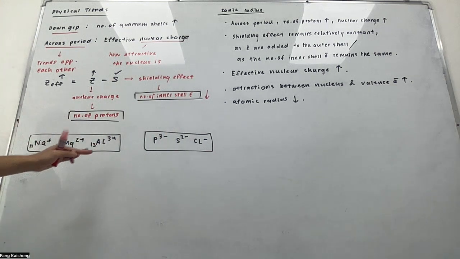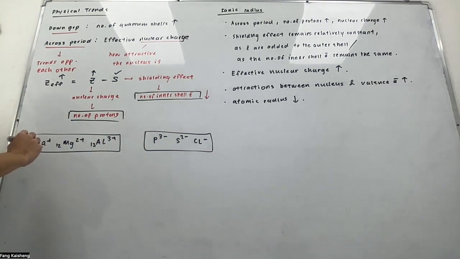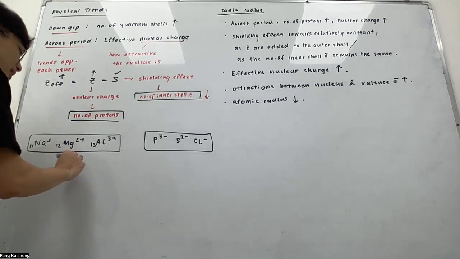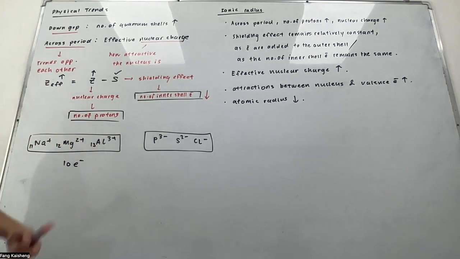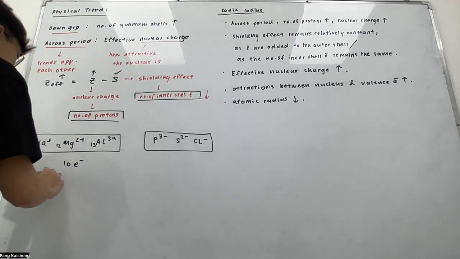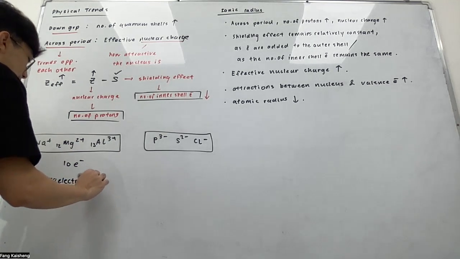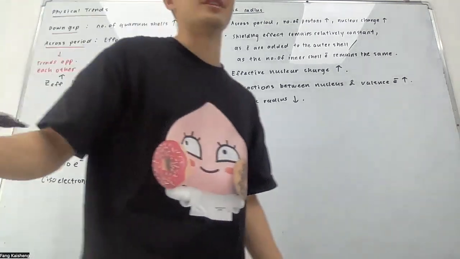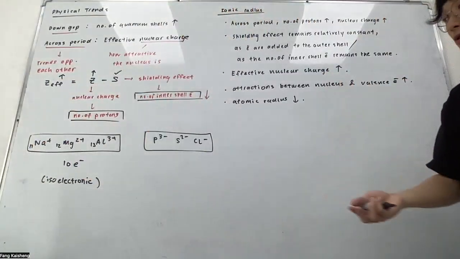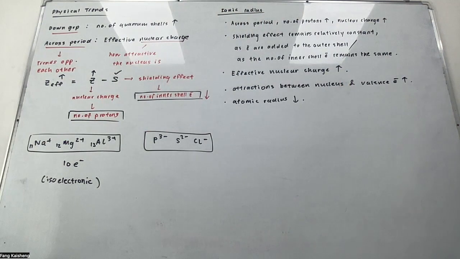Over here. How many electrons? 10 electrons, right? Good. Okay, so if they have all 10 electrons, let me introduce another term to you guys. Okay, they are all isoelectronic. Isoelectronic means they all have the same number of electrons. You might want to use this term in your explanation, but if you don't, it's obviously fine.